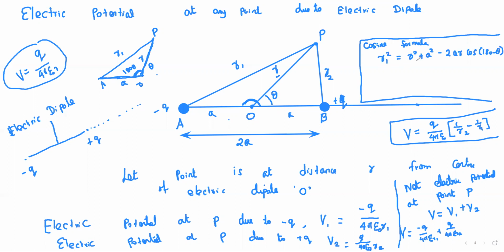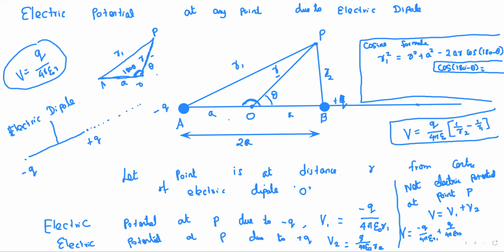Do you get the formula? R square plus A square minus 2AR cos 180 minus theta. Is that clear?